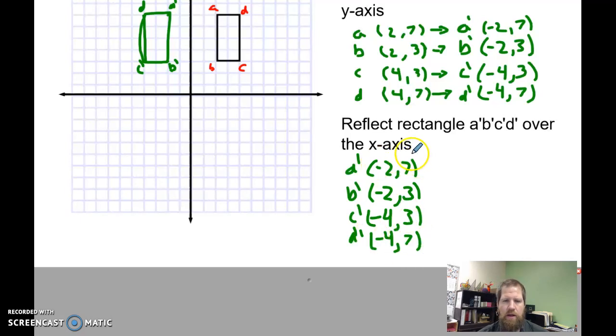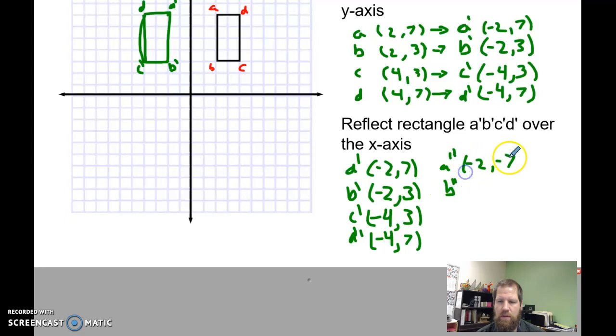So just like before, where I flipped the sign on the x-coordinate because I was flipping my figure over the y-axis, now I'm going to flip, or multiply by -1, my y-coordinates because I'm flipping over the x-axis. So A double prime would become -2, -7.